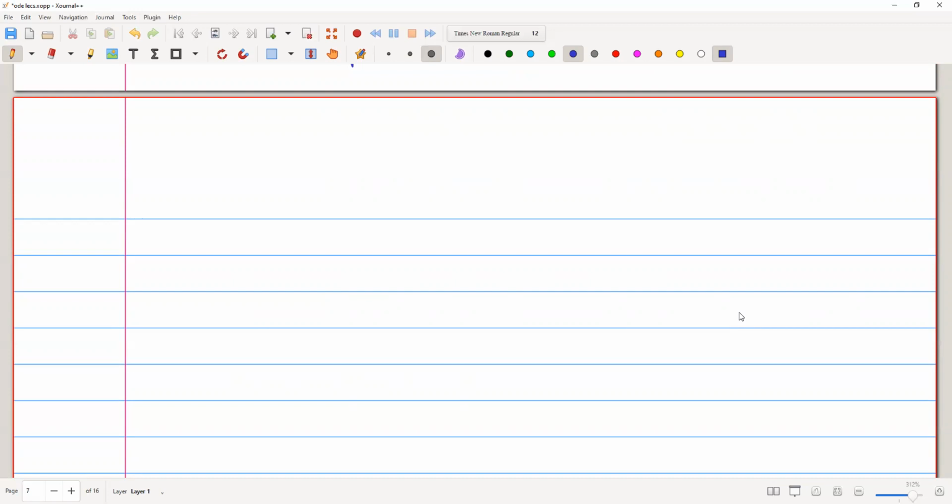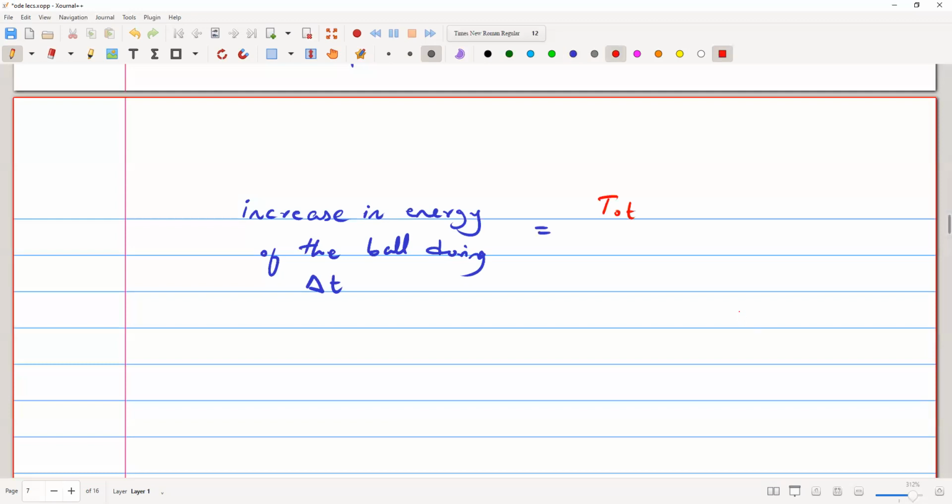So the increase in energy of the ball during the time delta t is going to be equal to the total heat transfer into the ball during this time delta t. Right, so far so good, right?